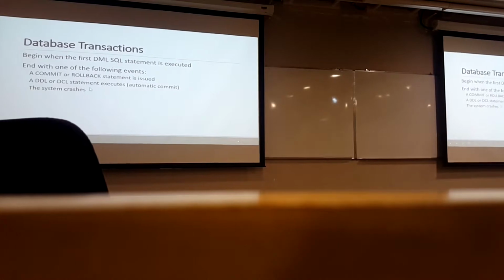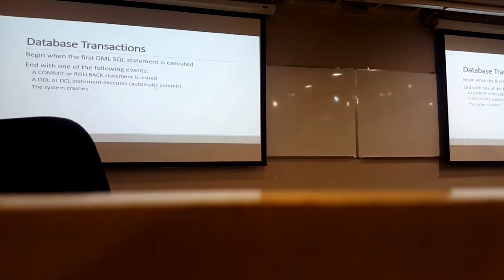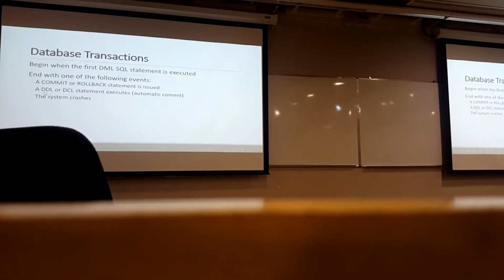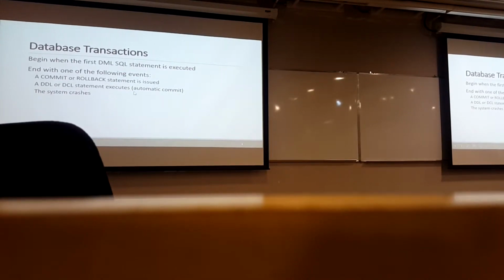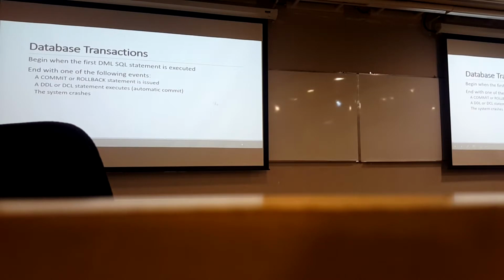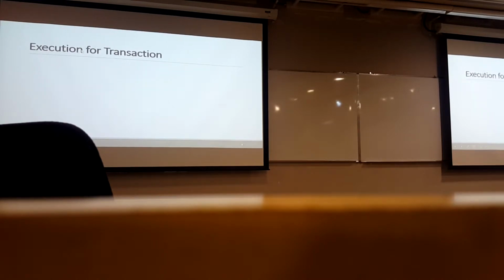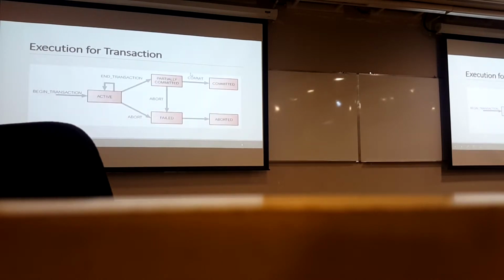DDL or DCL statements execute an automatic commit. Data definition language and data control language statements are automatically committed. But for DML, you need to commit it yourself. Now, execution of a transaction: it begins the transaction, and then it either ends the transaction or aborts the transaction.